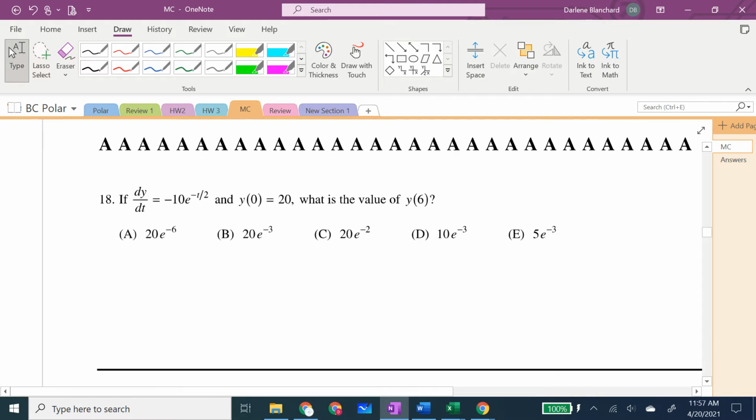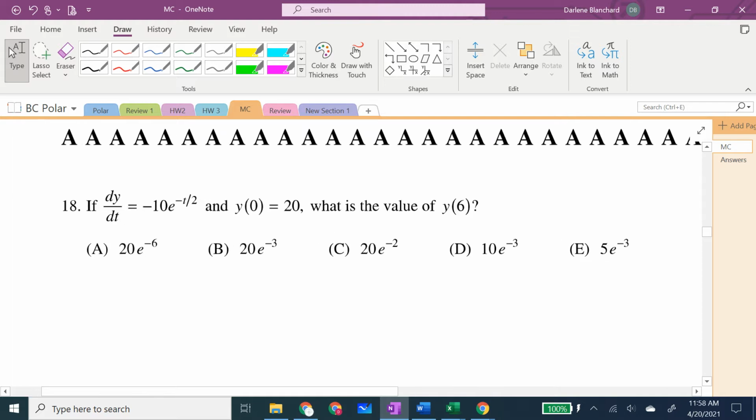You have dy dt. Now notice, with respect to t, you are supposed to find y of 6. Now, actually, looking at this, they are not telling us, they're giving us y of 0 is equal to 20, just that alone, and we are finding y of 6.